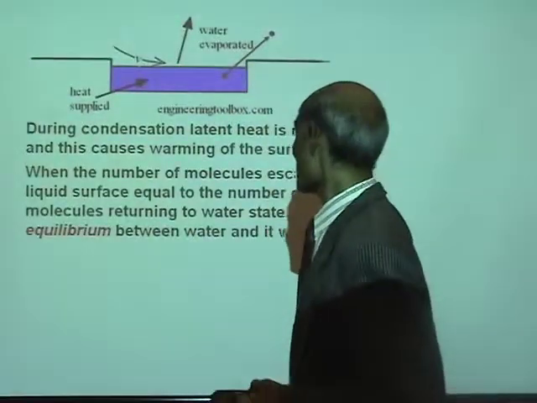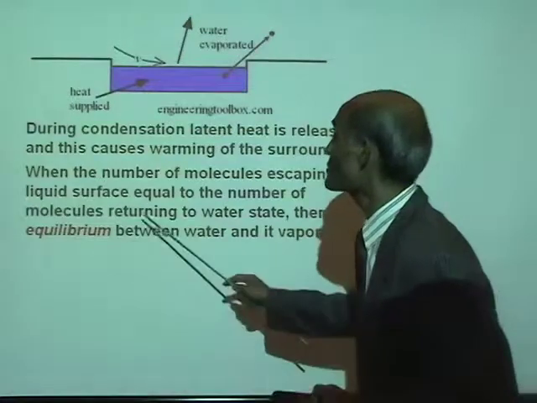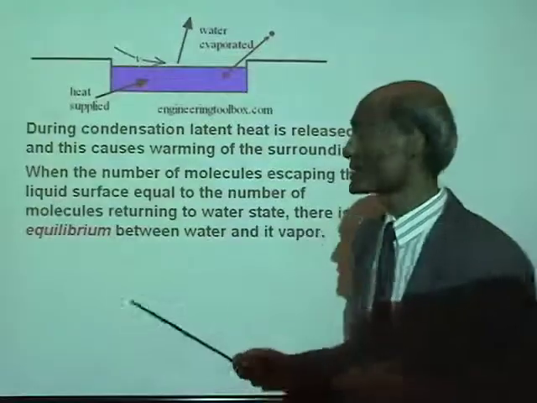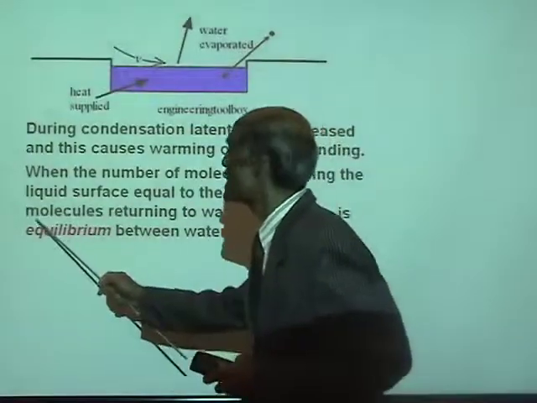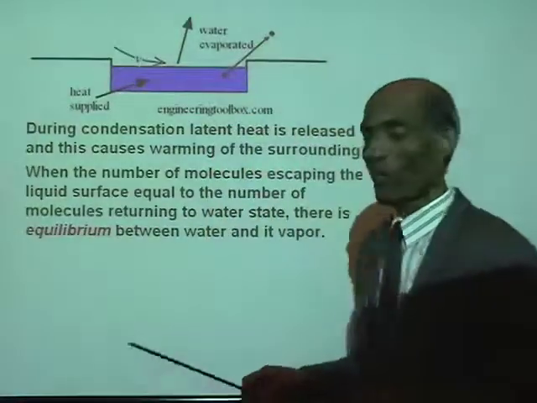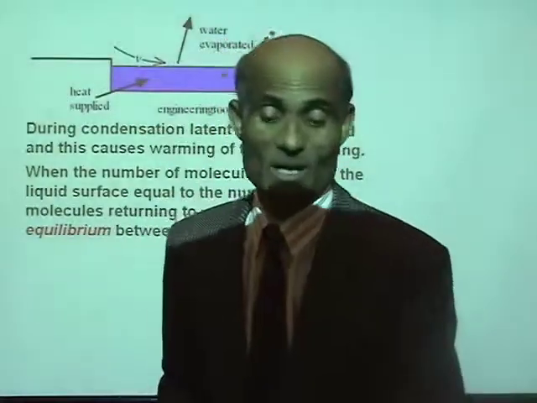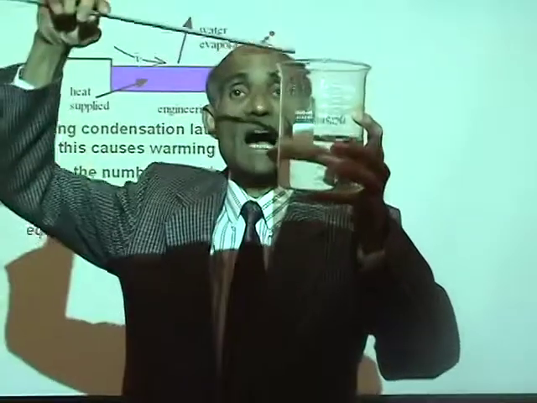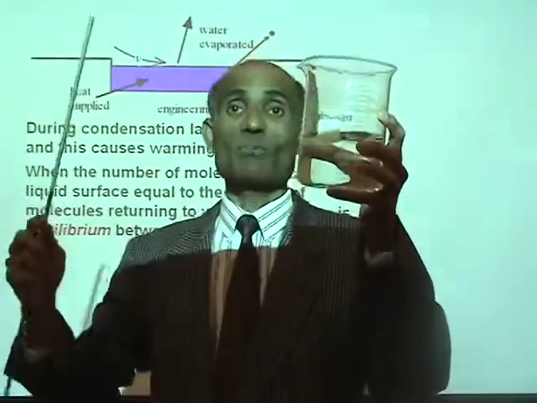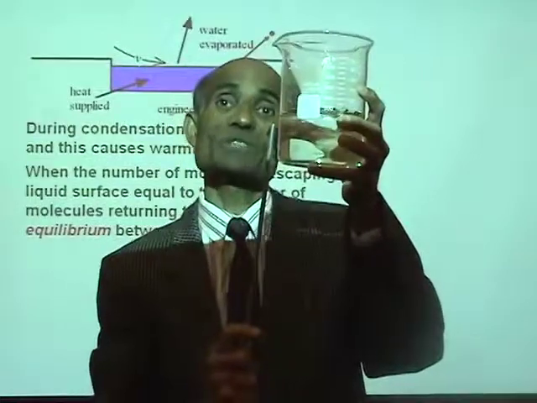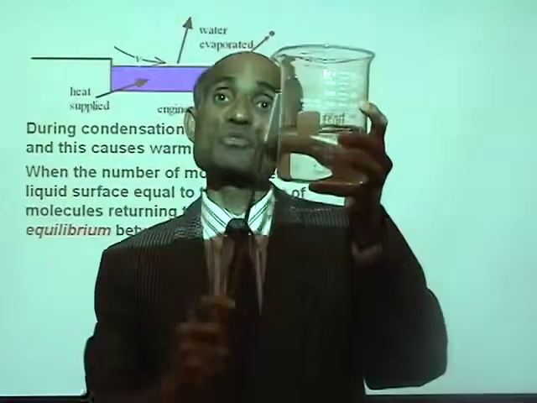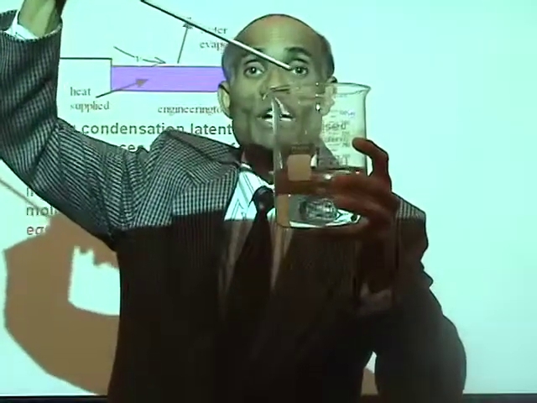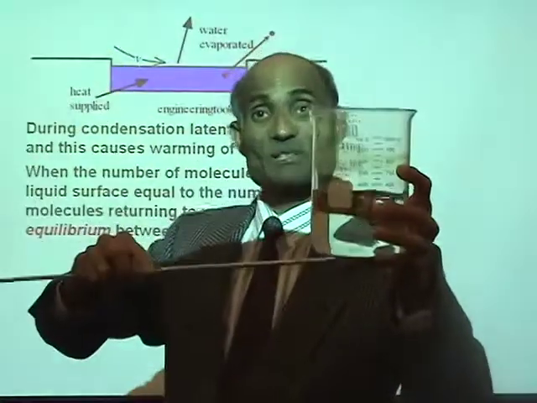Now, when the number of molecules escaping the liquid surface is equal to the number of molecules returning to the water, we say that there is equilibrium between water and vapor. When there is equilibrium between the water and the vapor on top of it, the number of molecules escaping from the liquid to become vapor will be equal to the number of molecules returning from vapor to liquid.